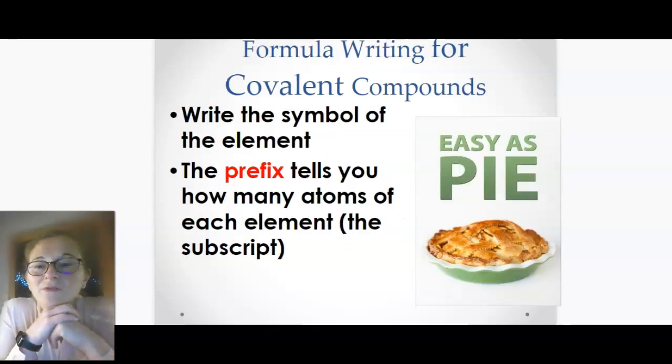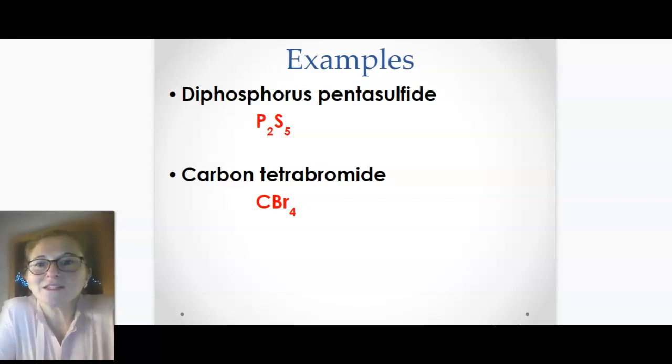And for formula writing, we just write how many we have there. They're still going to bond to get octet rule, except for hydrogen and helium, and those noble gases aren't going to bond with anybody. So if we look at this example here, we can see how easy it is. If we have diphosphorus pentasulfide, we're going to write the formula P2S5.